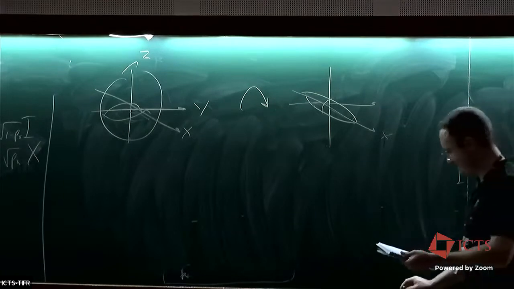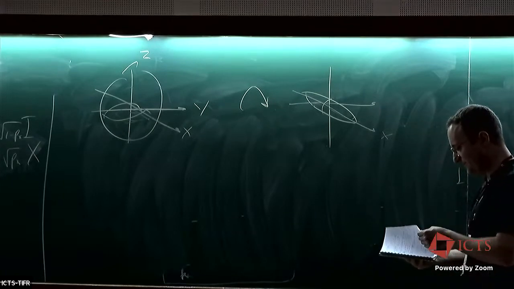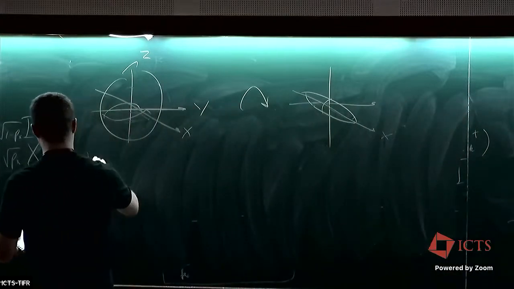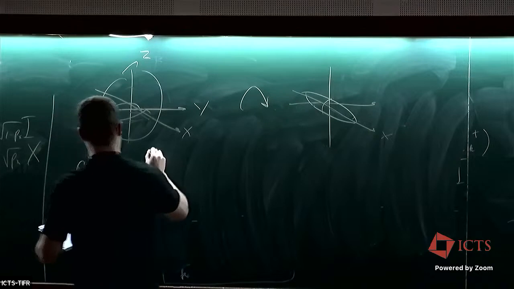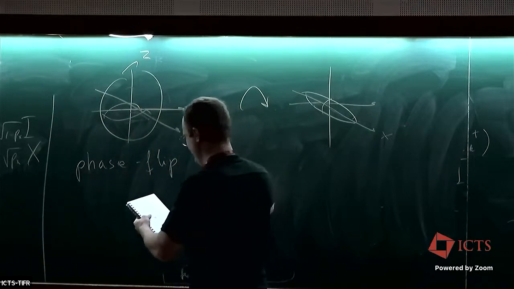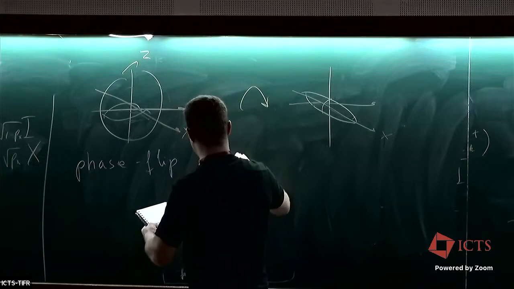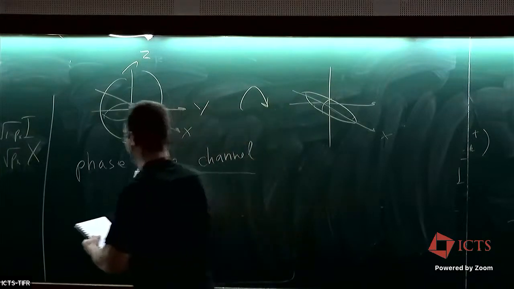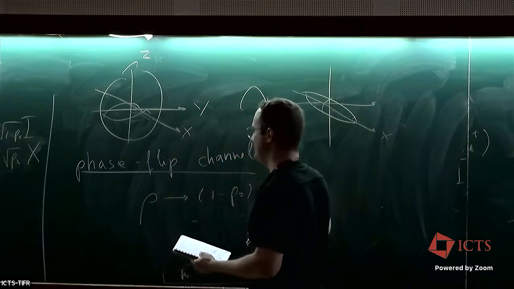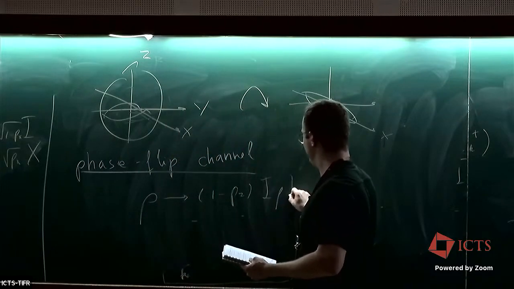Good. And then we have its cousin, the phase flip channel. Just rotate your head by 90 degrees and you get the phase flip channel. It's the same, but with Z, just writing it down for completeness.